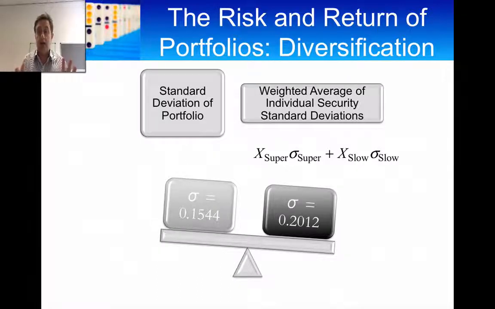And if the standard deviation of a portfolio was just a weighted average of the standard deviations, then there's no benefit from creating a portfolio. But because the risk of a portfolio is less than the risk of the weighted average of the individual asset risks, investing in portfolios is better, it's more efficient than investing in individual securities.